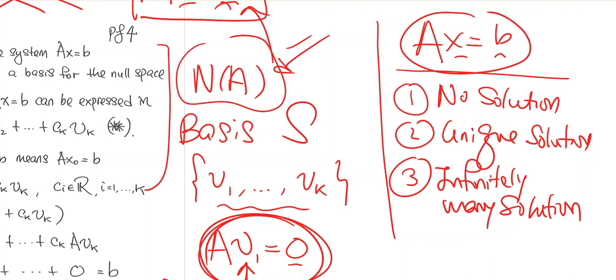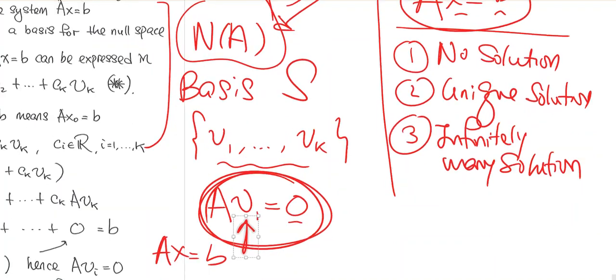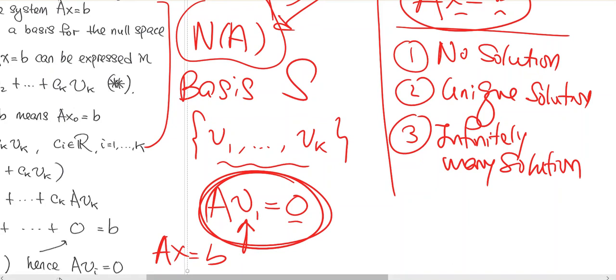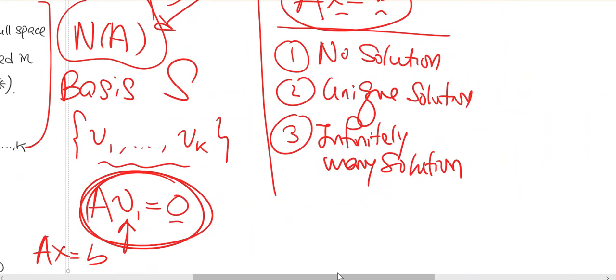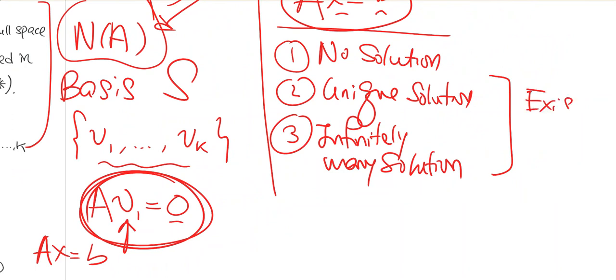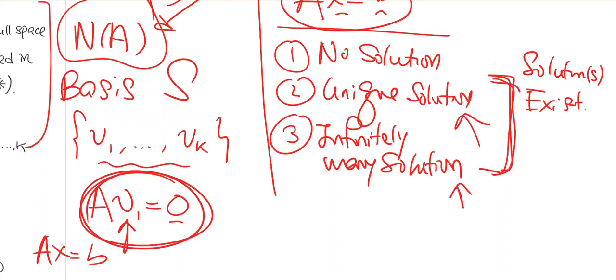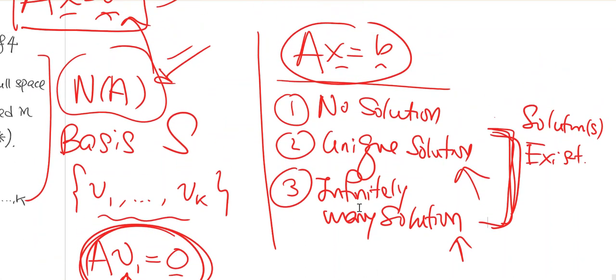So when does a system have a solution? Whether or not solutions exist is determined by b.